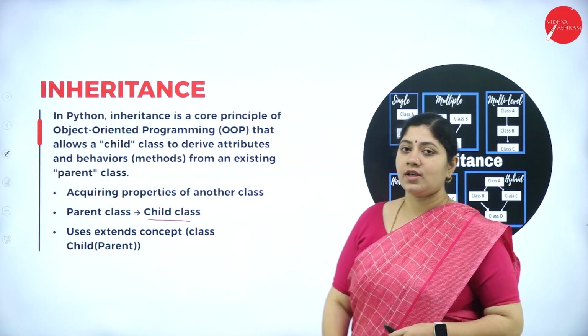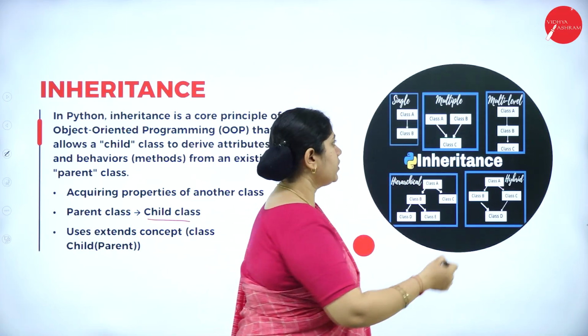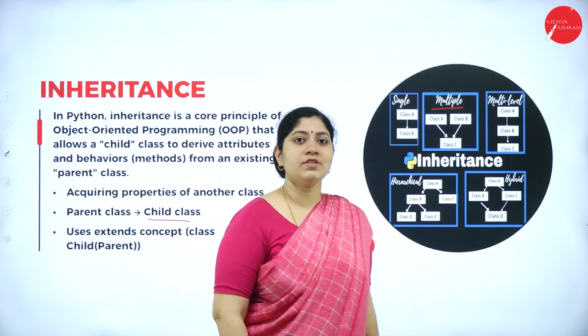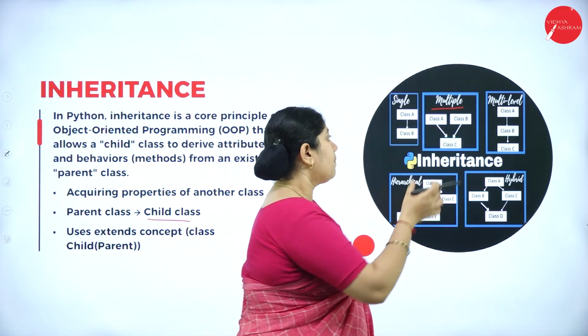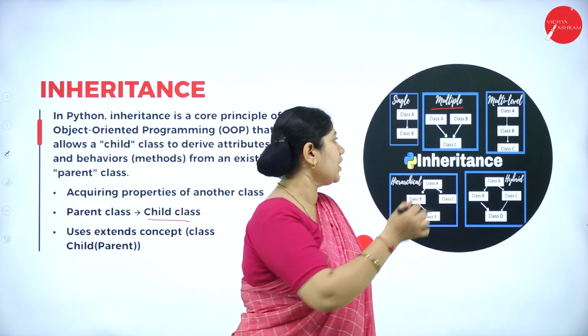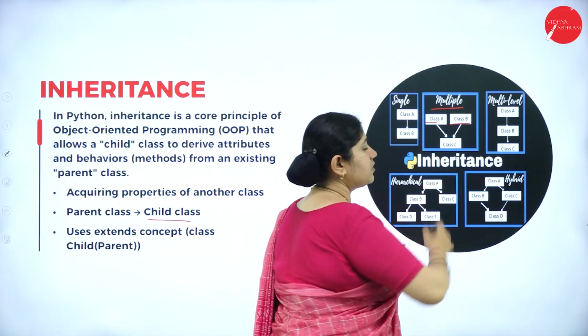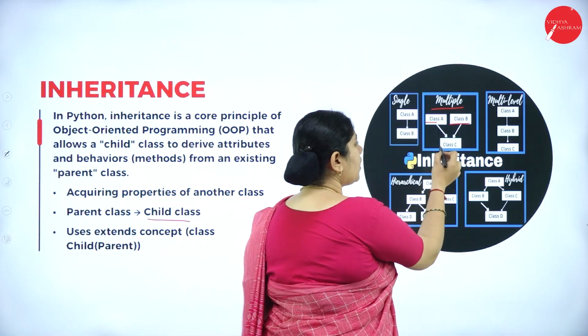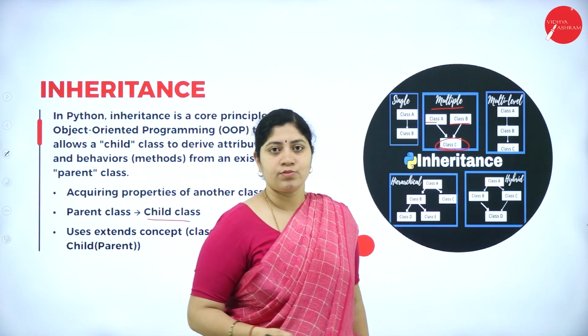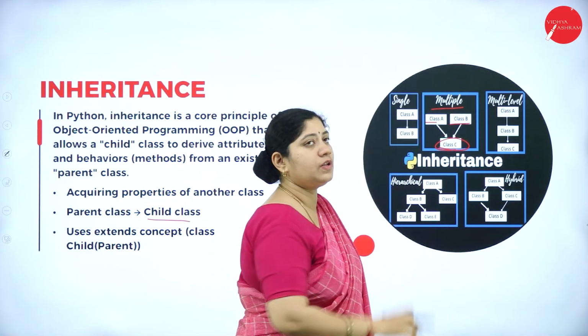All right, it is done. The second type is multiple inheritance, where a new class is created from multiple base classes. We can consider class A and class B as base or parent classes, and then class C as the child class. So it is none other than multiple inheritance.